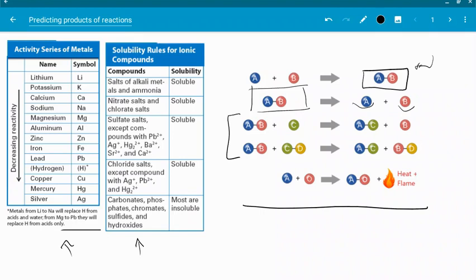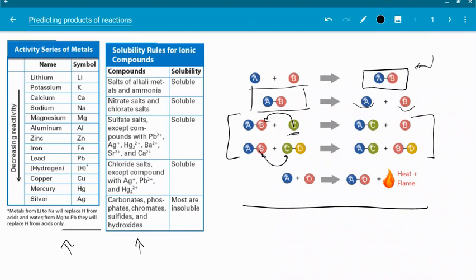Then we have the replacement reactions. One is called a single replacement, when one element replaces another in a reaction, and double replacement when two elements replace each other in a reaction. Usually this would have to occur between two elements of the same kind in an ionic compound, like a metal for a metal.